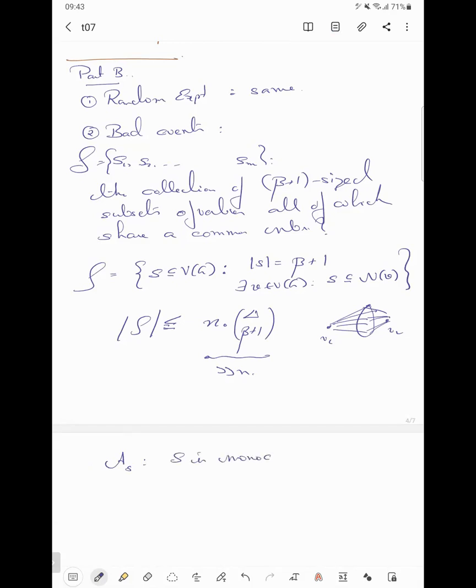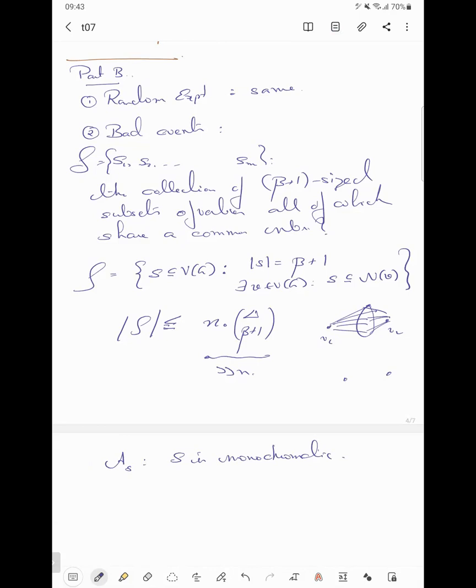Why is it n times? Like we may count the same set again and again in terms of different vertices. The common case would be very few vertices have too many common neighbors.